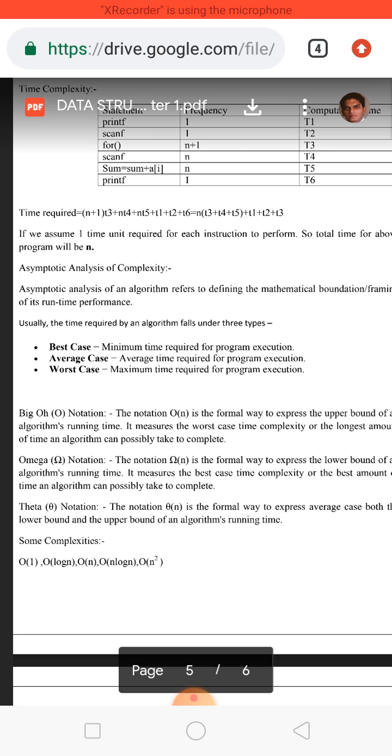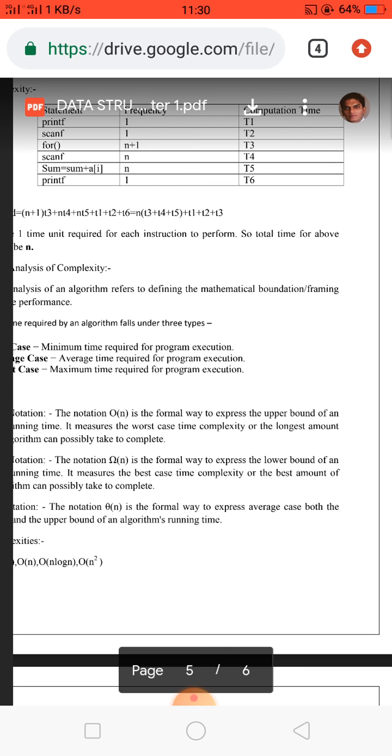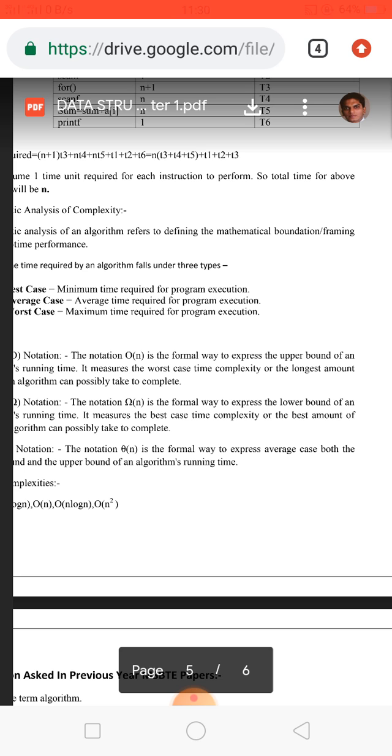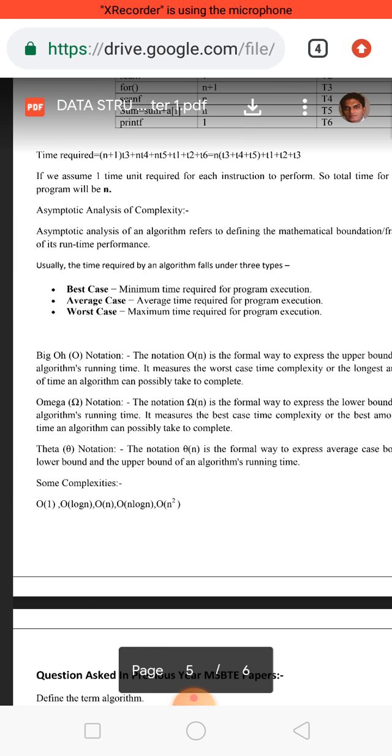Theta notation is the average case, the average of most time and least time.